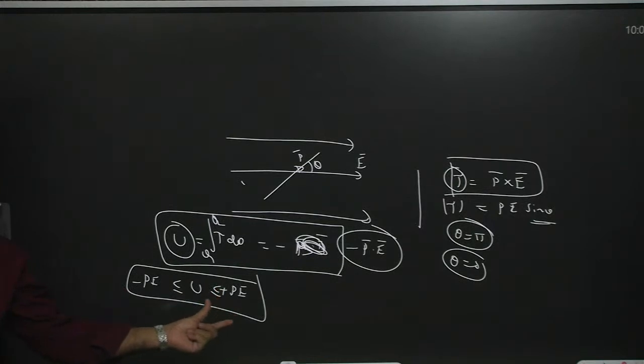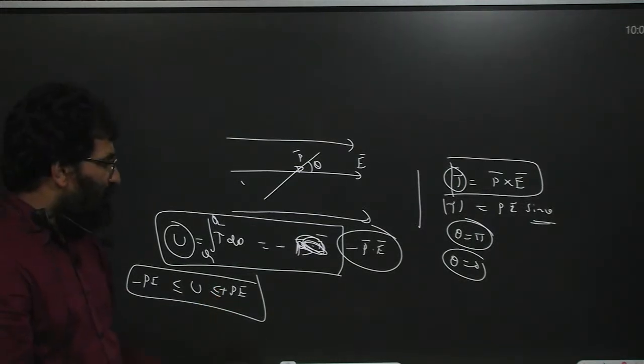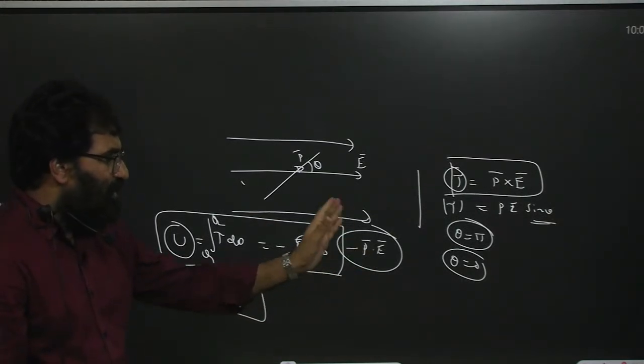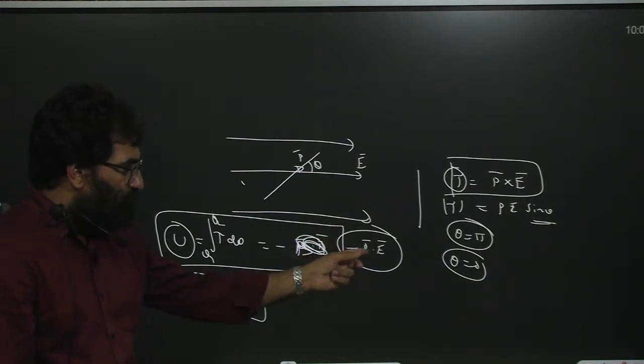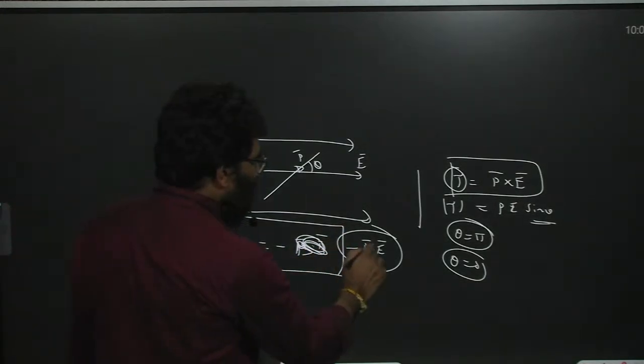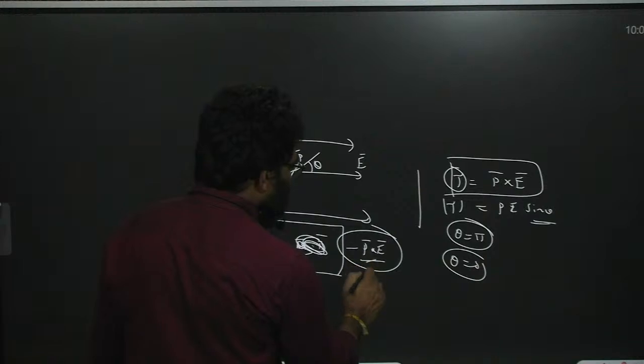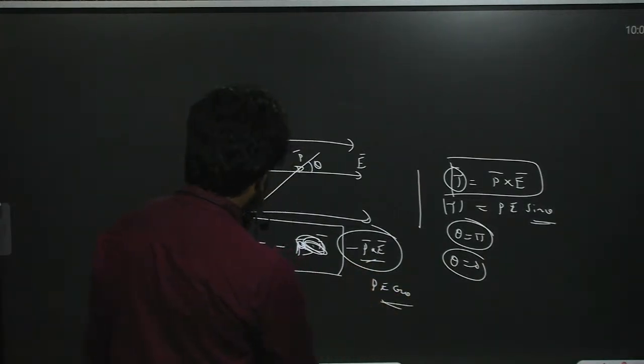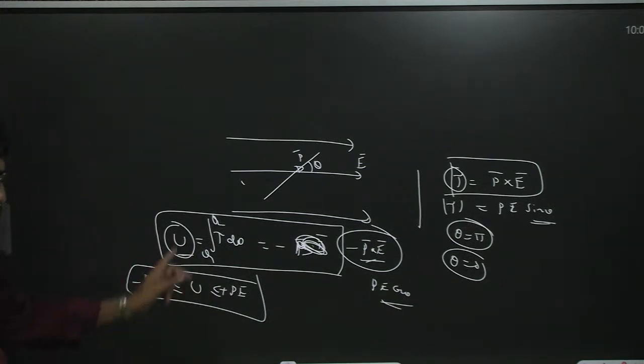When the potential energy is maximum, it is the unstable equilibrium condition. When we rotate from theta 1 to theta 2, we take the difference of PE cos theta 1 and PE cos theta 2. Minus PE cos theta means P bar dot E bar, a scalar product. Energy is a scalar.